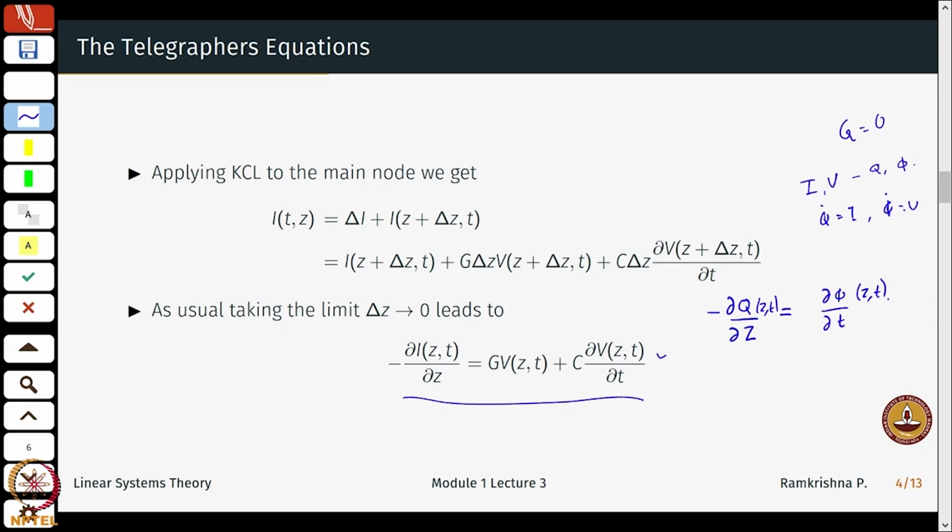Okay. Now, if I integrate this over the spatial domain, from say 0 to L, say again dz, this will have a 1 over c, right. So, this goes here, times 1 over c.